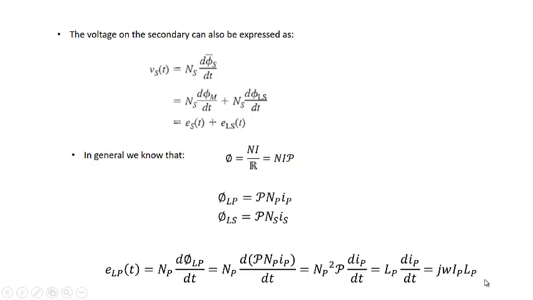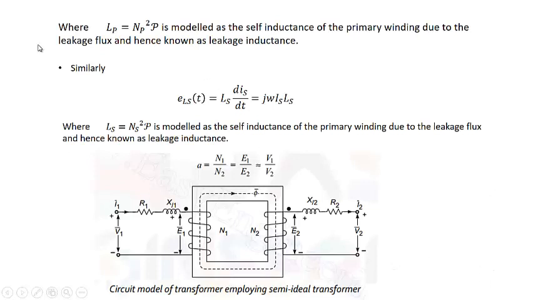That's what we have derived here. Lp equal to Np square psi is modeled as a self-inductance of the primary winding due to the leakage flux, and hence it is known as leakage inductance. You will always see that a transformer has a leakage inductance, because this is closely related to the leakage flux.